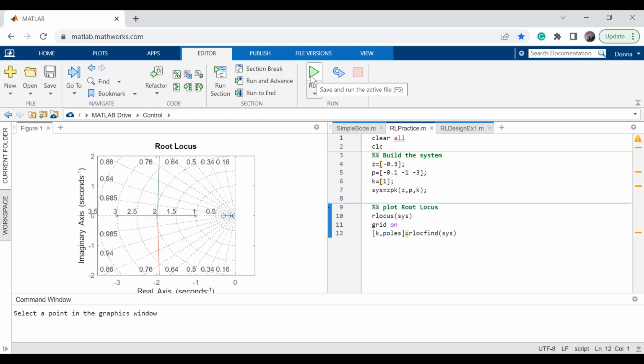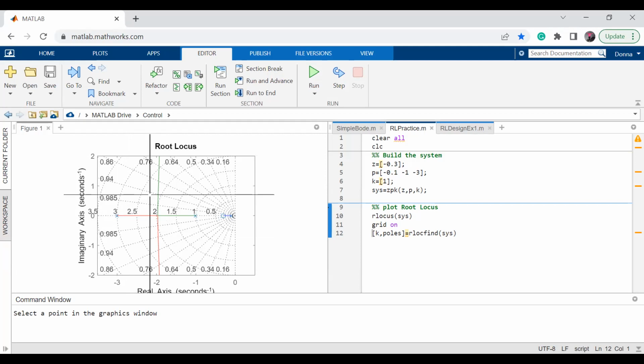So when you run rlocfind, you can use this. It's a little bit slow, and every point on this plot is a pole, right? Could be a pole or zero. So it's trying to find the poles.